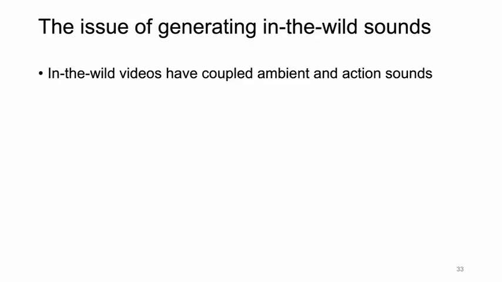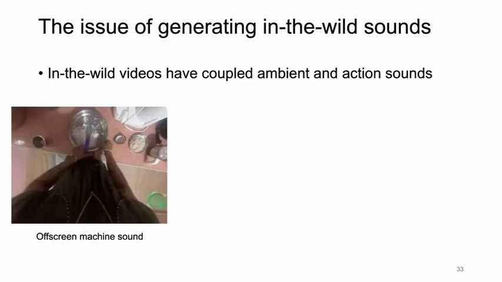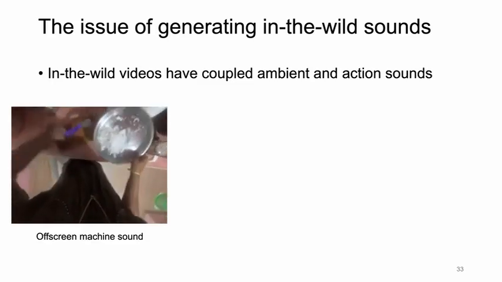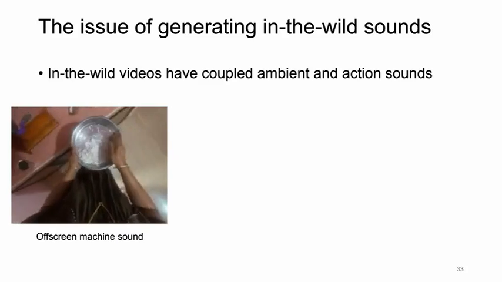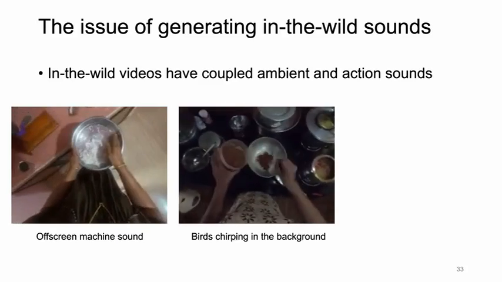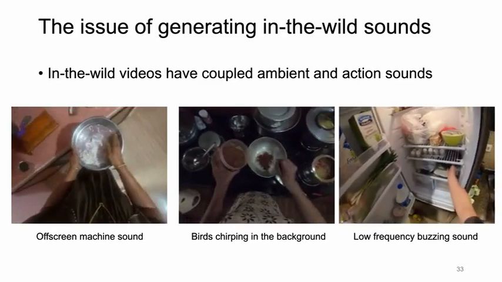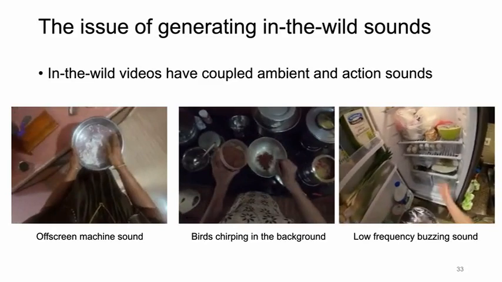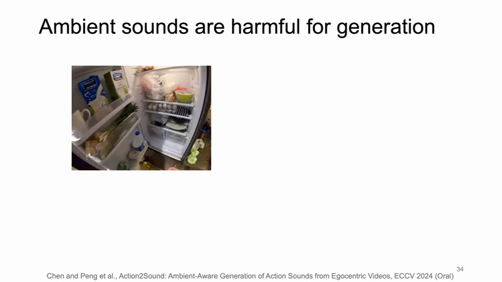There is some issue with generating in the wild sounds because in the wild videos have coupled ambient and action sounds. And here are some examples. These ambient sounds are harmful for generation.